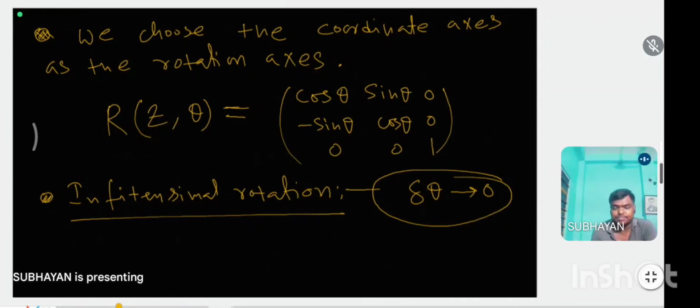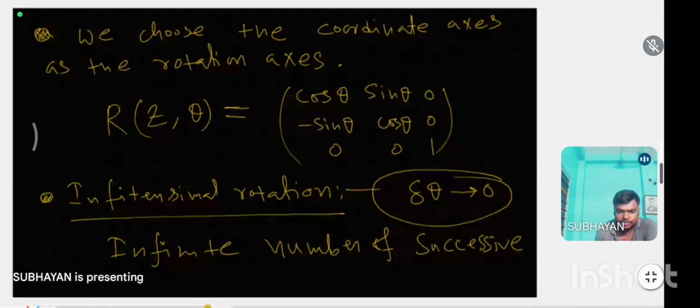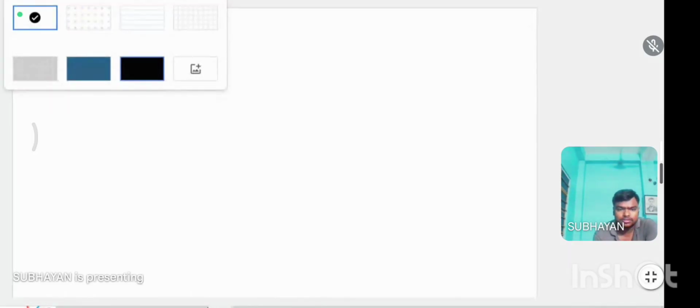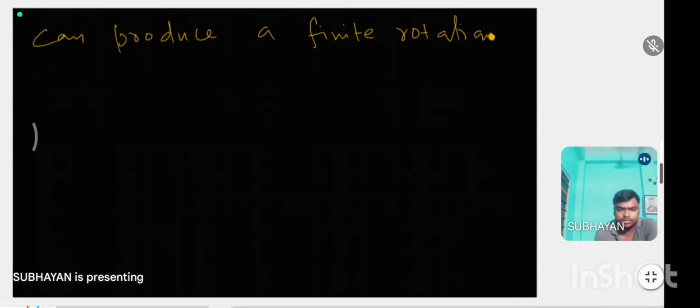Okay, but an infinite number of successive infinitesimal rotations can produce a finite rotation with angle theta.